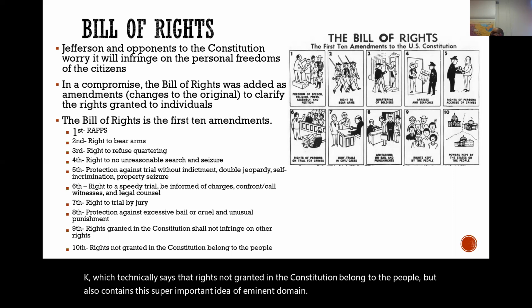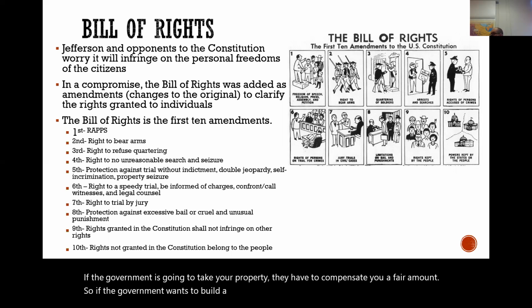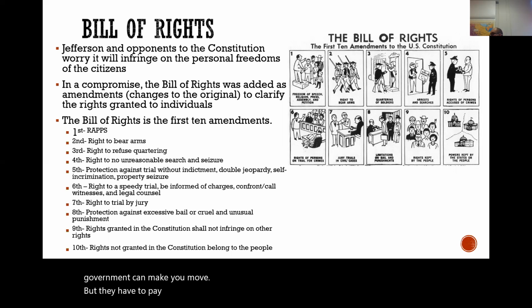If the government is going to take your property, they have to compensate you a fair amount. So if the government wants to build a highway that's going to run over your house, the government can make you move, but they have to pay you the appropriate amount for your property.